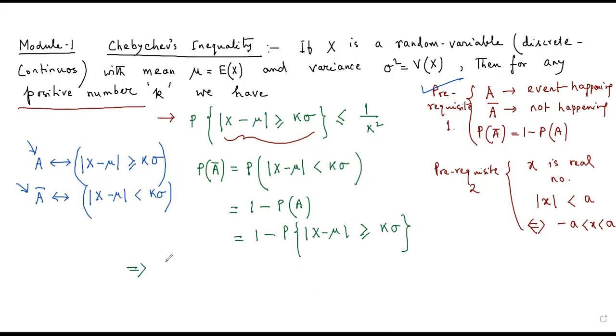I can write probability of mod of x minus mu greater than or equal to k sigma as 1 minus probability of mod of x minus mu less than k sigma.